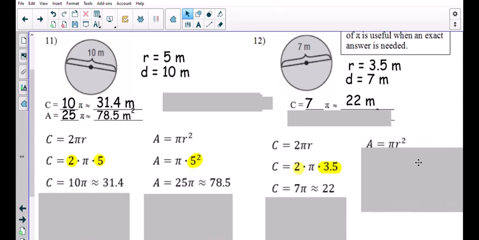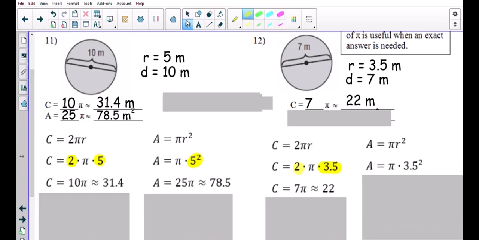For the area, we're going to do pi times the radius squared. A lot of this unit is really just identifying the formula we need to use, plugging in your numbers, and then plugging it into the calculator correctly. So definitely practice plugging these into the calculator to make sure you know how to do it. So we're going to take pi times 3.5 squared. If you're having trouble knowing how to square numbers in your calculator, please let me know.